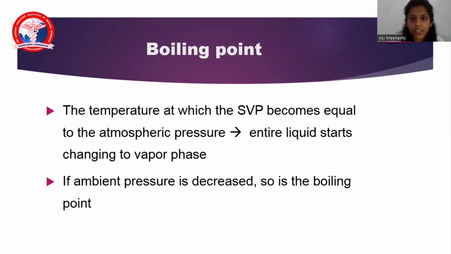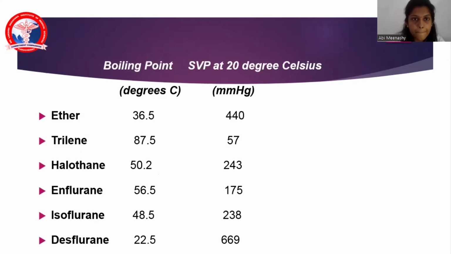Boiling point is the point at which the saturated vapor pressure becomes equal to the atmospheric pressure and the entire liquid becomes vapor. It is completely boiled. And we read about the several agents and their boiling point and SVP.